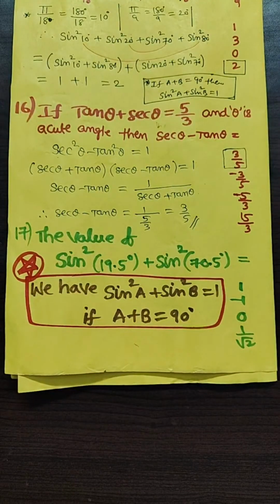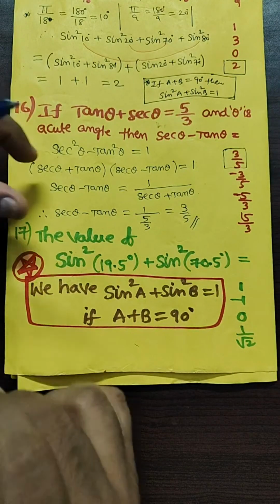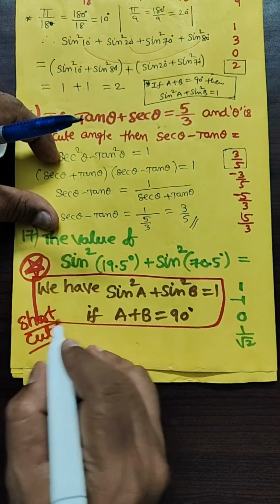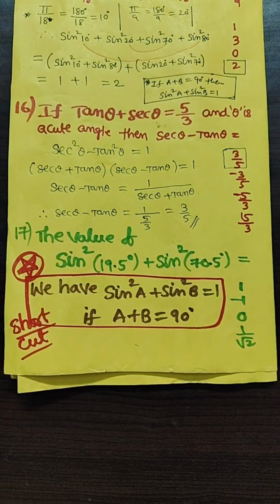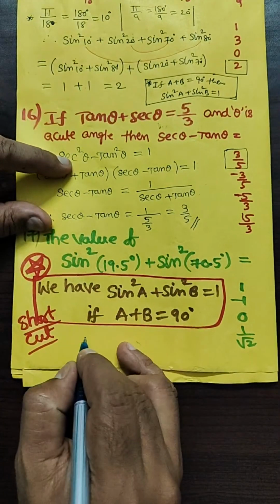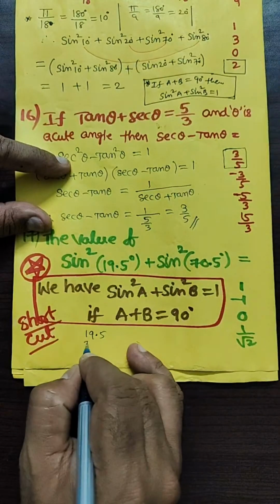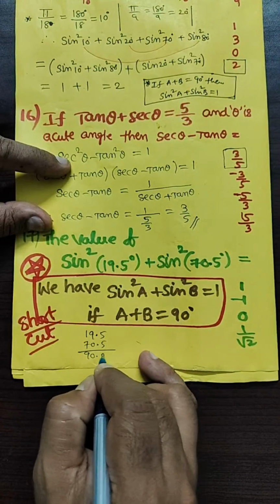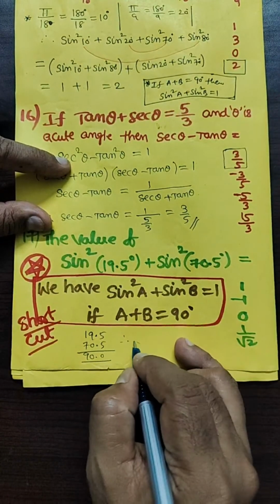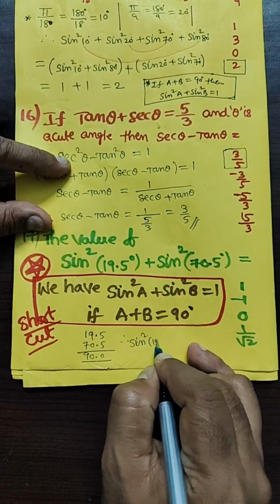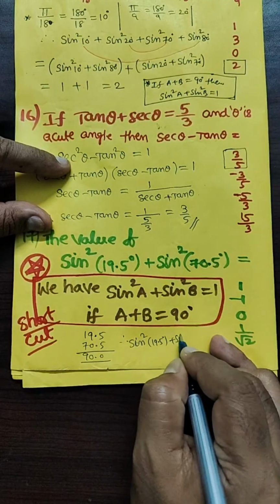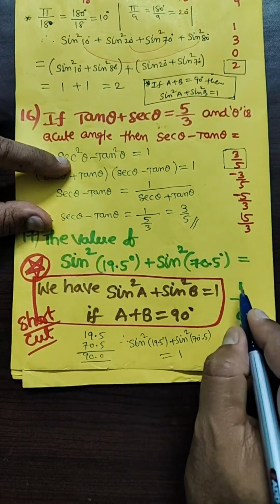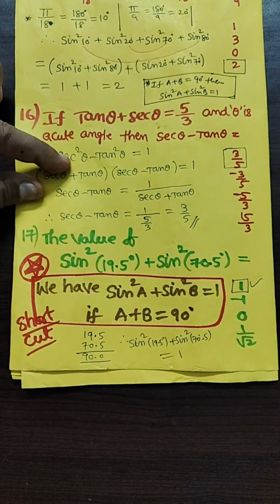It's a good shortcut formula. See here, I'm checking that 19.5 and 70.5 add up to 90. So therefore, sine square 19.5 plus sine square 70.5 is equal to 1. So your final answer is 1, dear students.